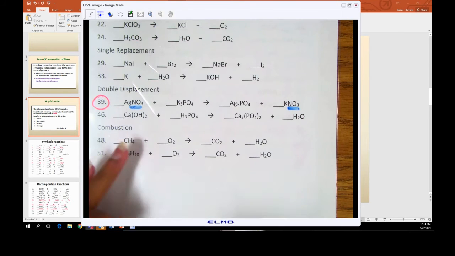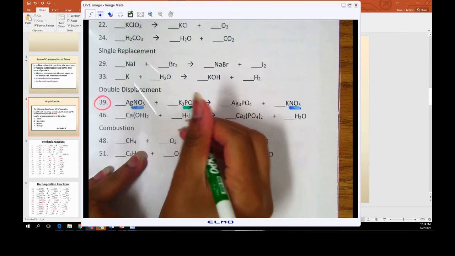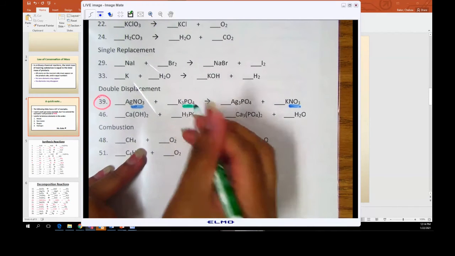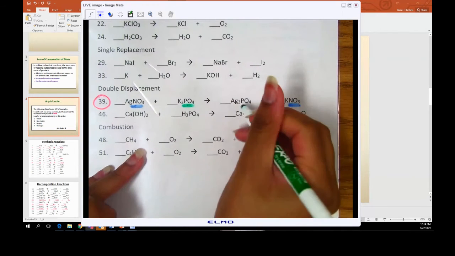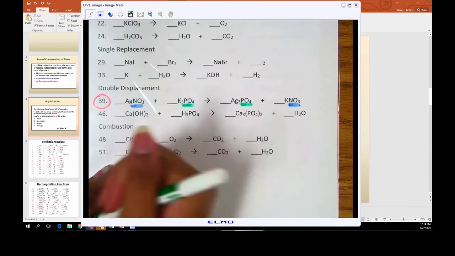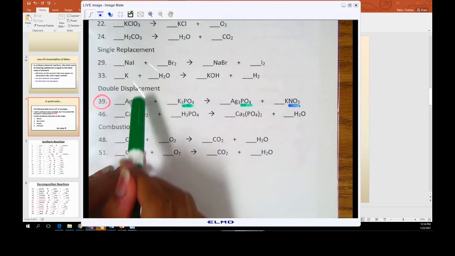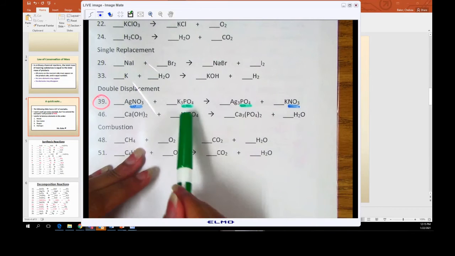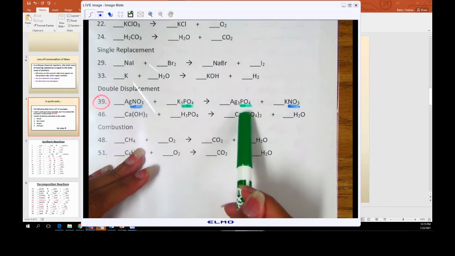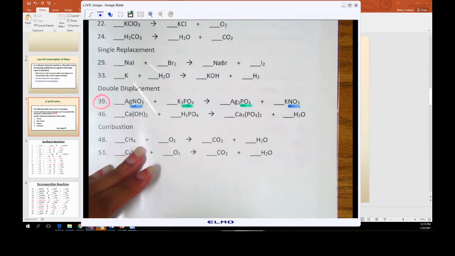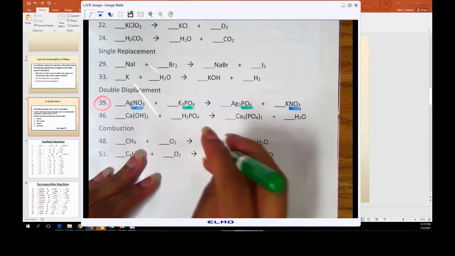I also see phosphate, PO4. So I see phosphate here on the reactant side, and also phosphate over here on the product side. Notice how these groups of elements, the NO3, that's always staying together as NO3. And the PO4 is always staying together as PO4.